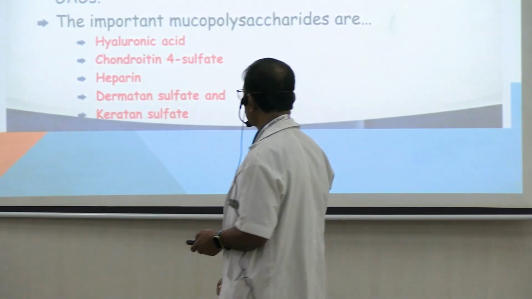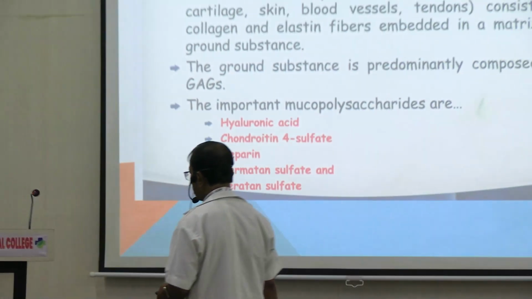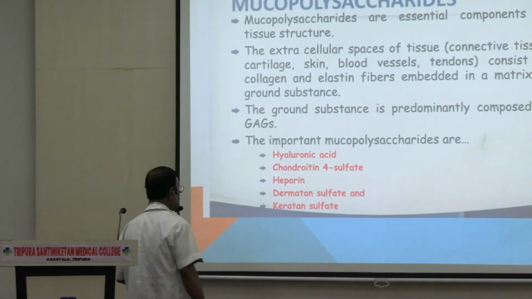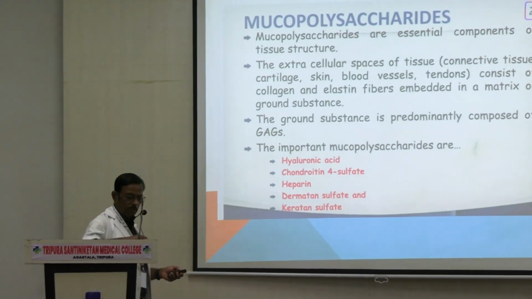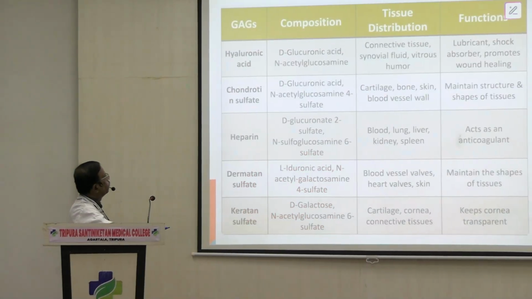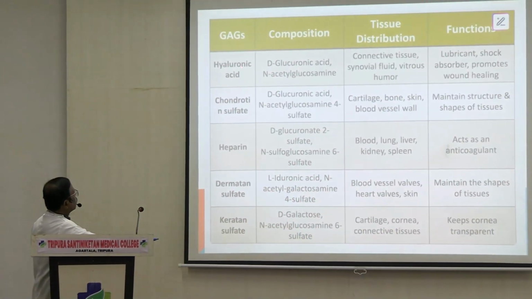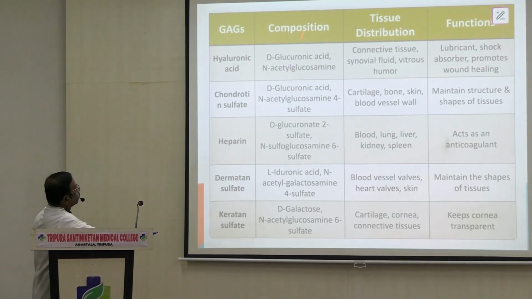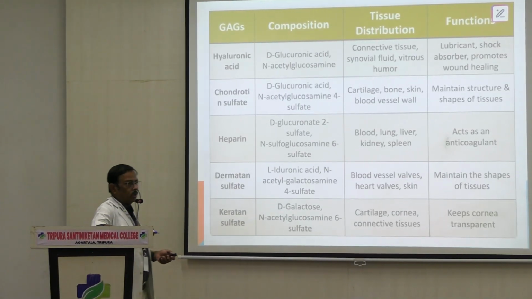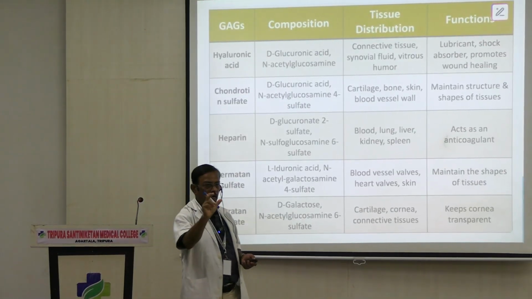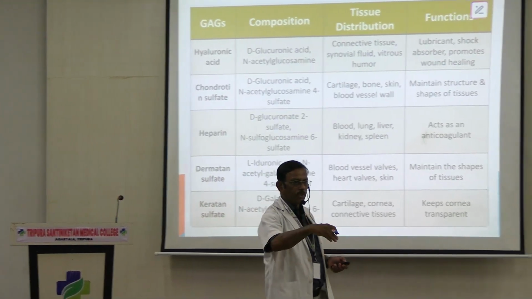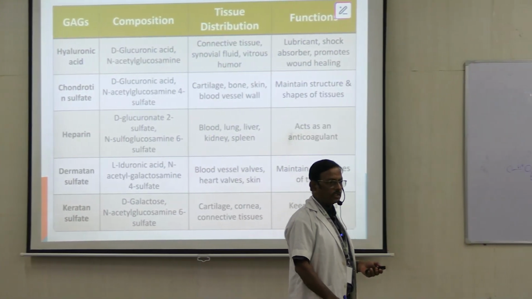Important mucopolysaccharides are hyaluronic acid, chondroitin sulfate, heparin, dermatan sulfate, keratan sulfate and heparan sulfate. These are the compositions. In hyaluronic acid, there is repetition of a disaccharide unit.